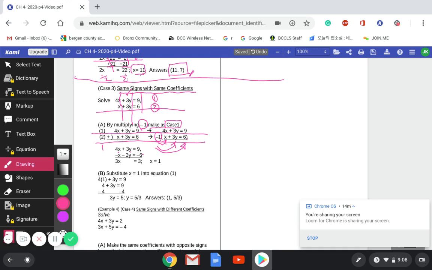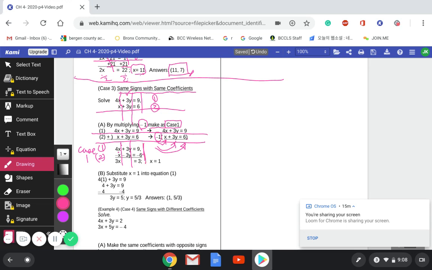So first equation, you don't change anything. But second equation, by multiplying negative 1, now you get a new equation, which is negative x minus 3y equal negative 6. So now this is case 1. Okay, so because you have a case 1, all you have to do is add columns.